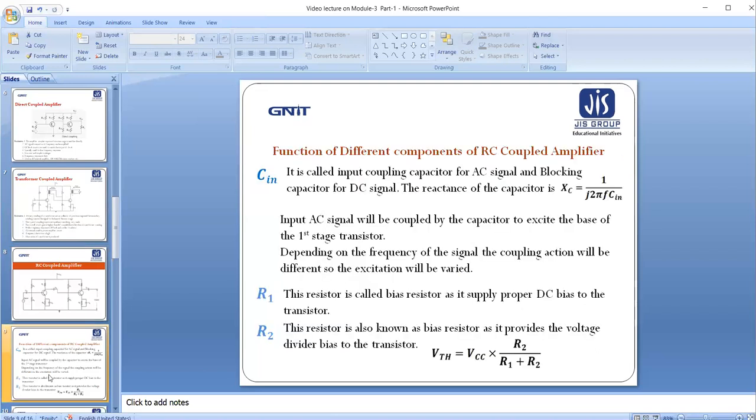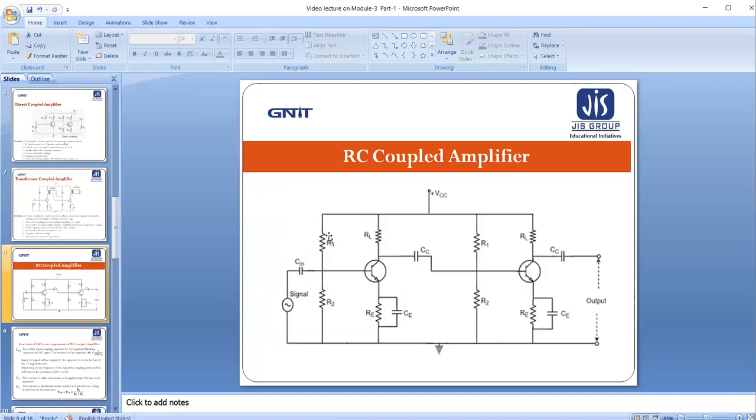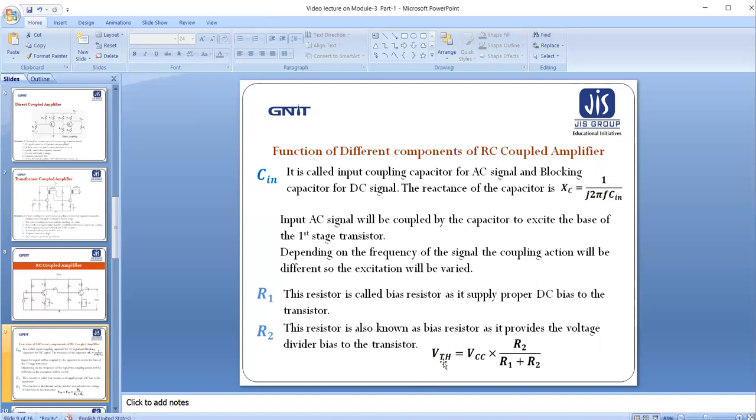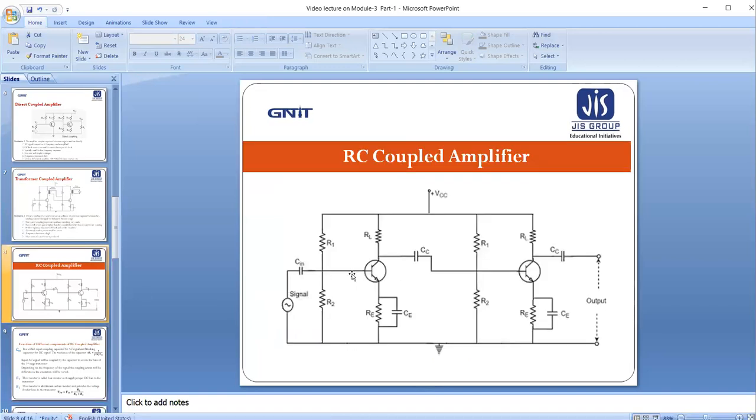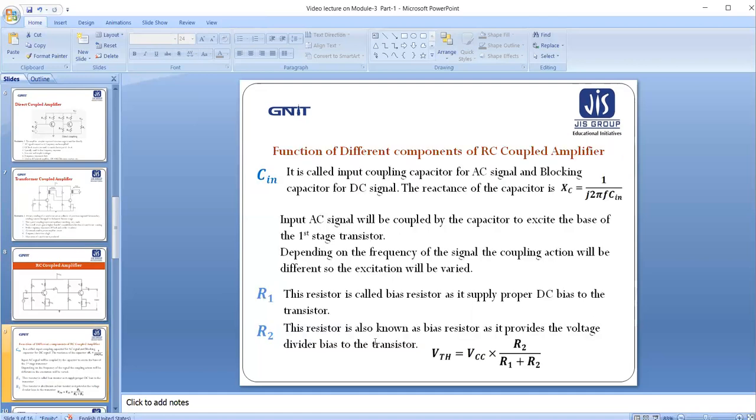How? Because already we had learned from module 2 that the voltage divider bias VTH, that is this voltage, is equal to VCC into R2 by R1 plus R2. So therefore this R1, R2 will produce the DC bias to the transistor.